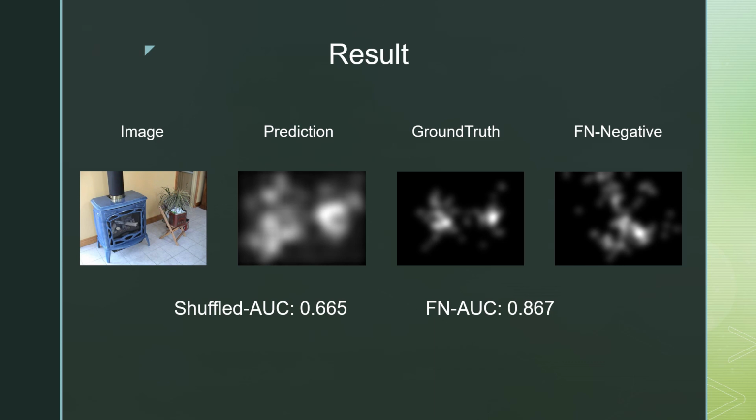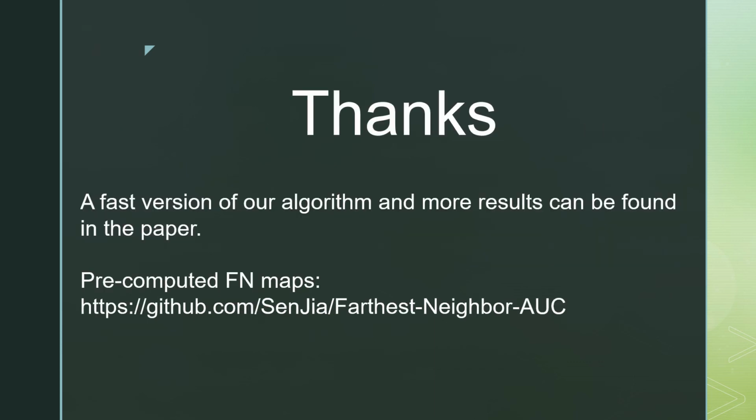The prediction somehow covers the ground truth, but it would be significantly penalized by the shuffled AUC if the positive is near the center, while the negative side of our method is more directional, so we achieve a higher performance. Thanks for watching. A fast version of FN-AUC can be found in the paper, and the pre-computed negative side can be downloaded from our paper.